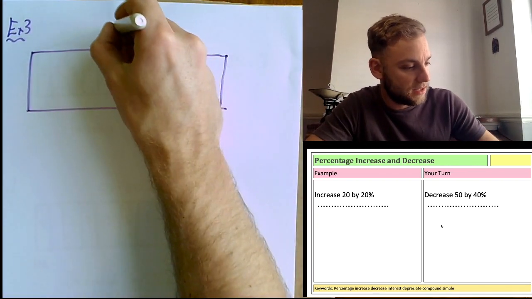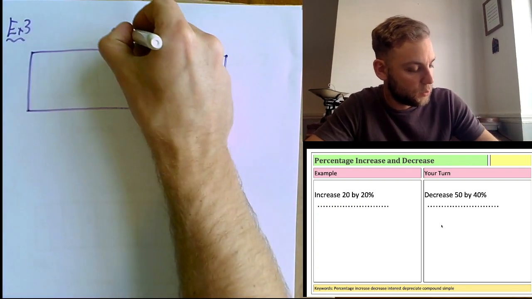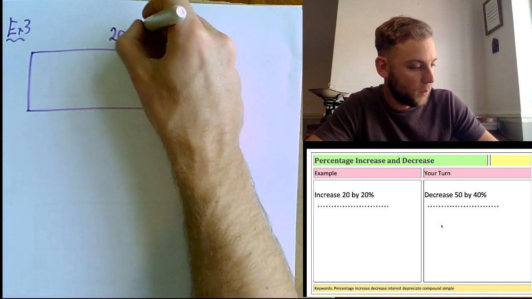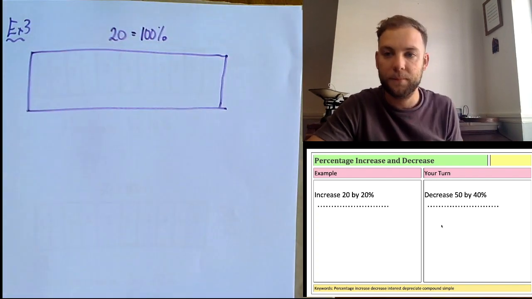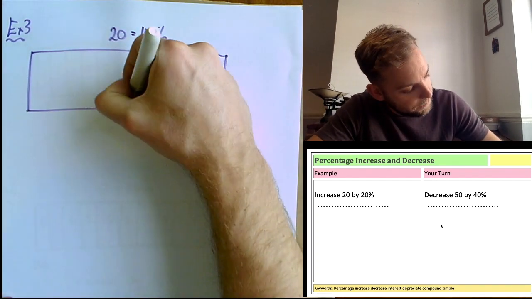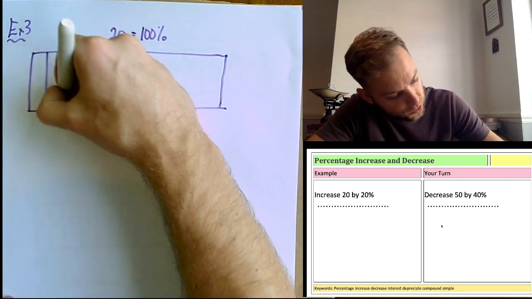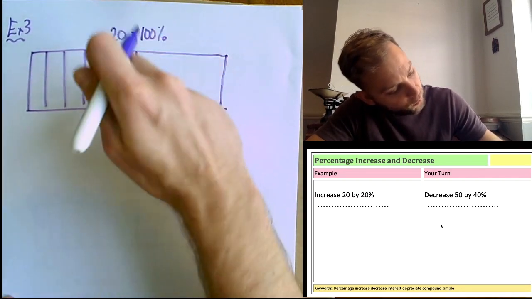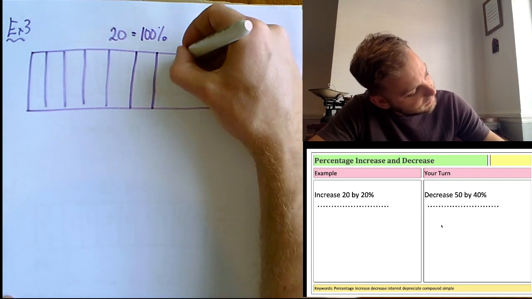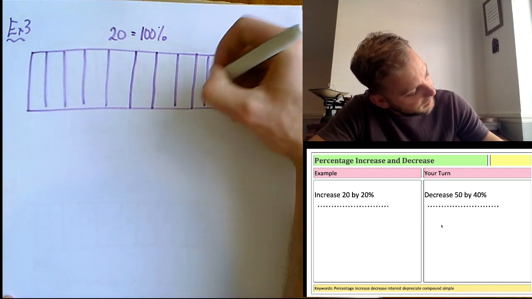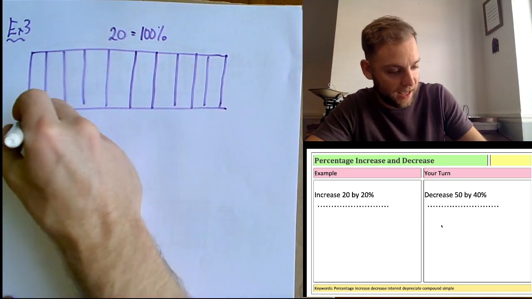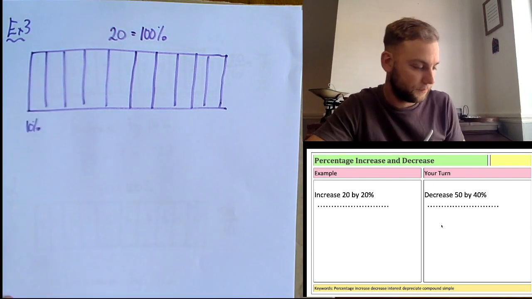I know that this is worth 20, which is equal to my 100%. Brilliant. I'm going to split the 100% up into 10 parts. So 1, 2, 3, 4, 5, 6, 7, 8, 9, 10. Brilliant. So I know that each of these are worth 10%.